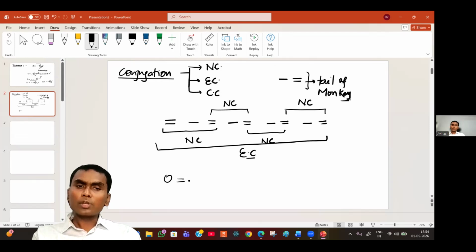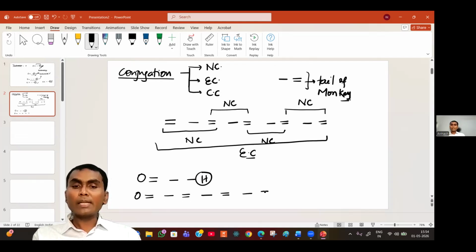O double bond, here we consider. First of all, we can see that here O double bond single bond hydrogen is tautomerizable hydrogen. And this one is also O double single double. Double single double is conjugation.